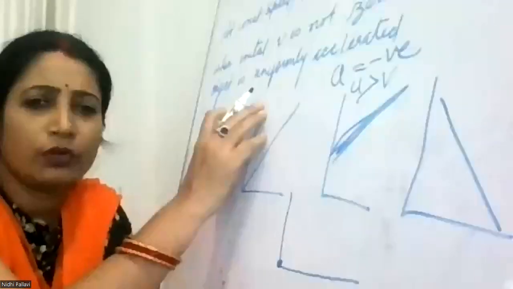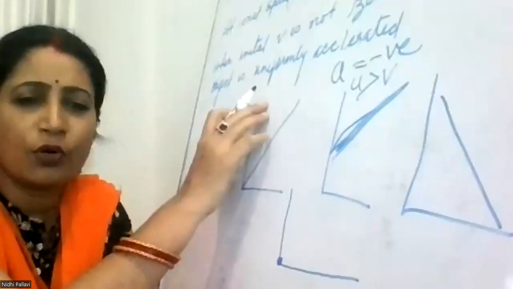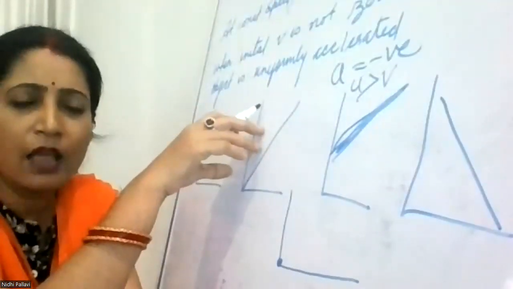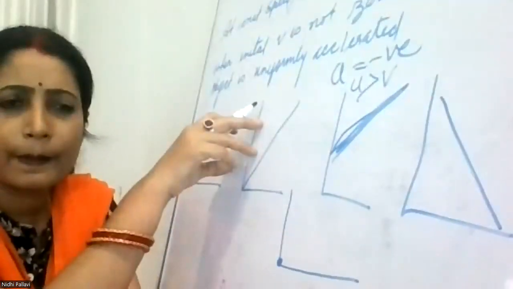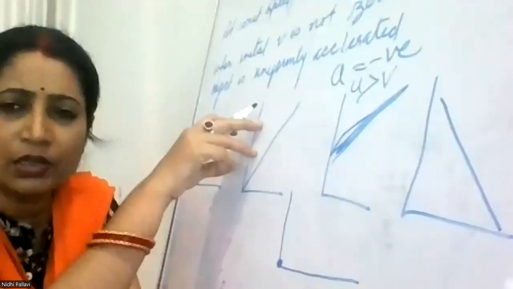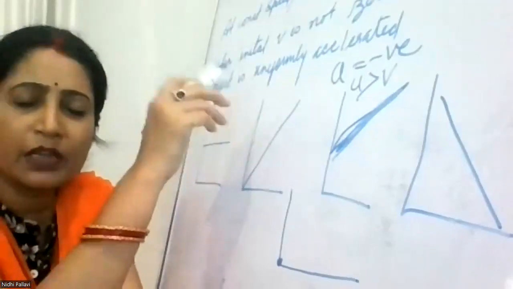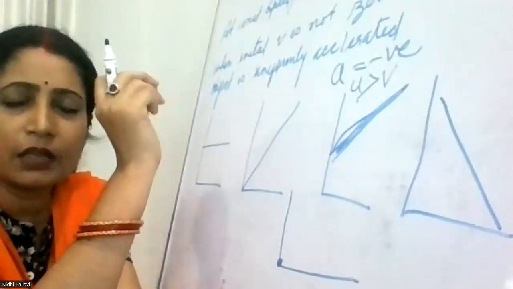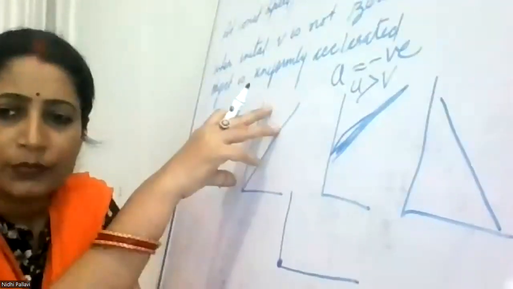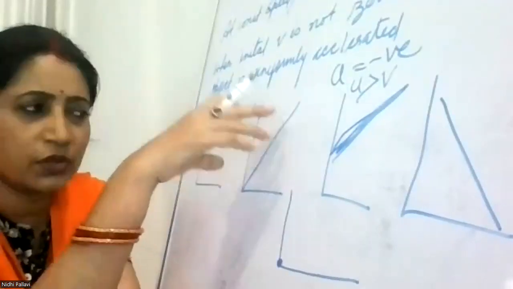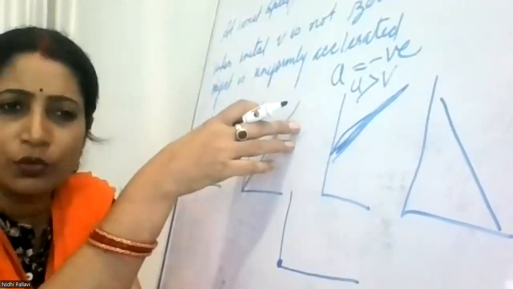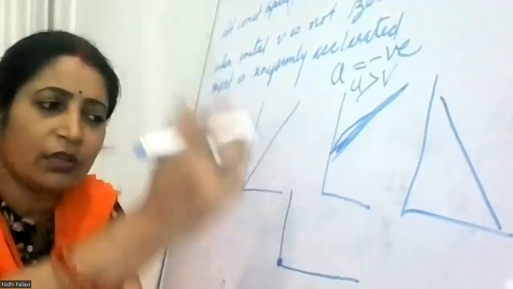If this is the blackboard and I leave this blackboard for some time, will it have any velocity? No, ma'am, zero velocity. When I started the class at 1:35, its velocity was zero. Now it is 1:42, its velocity is still zero. When the class ends at 2 p.m., its velocity will be zero.